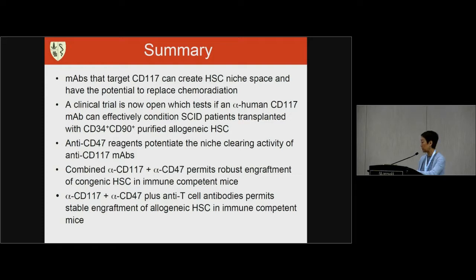The combination of anti-47 potentiates the niche-clearing effect of the anti-CD117 antibodies. Combined anti-CD117 plus anti-CD47 allows robust engraftment of congenic stem cells in immune-competent mice. And anti-CD117 and anti-CD47 plus anti-T cell antibodies permit stable engraftment of allogeneic stem cells in immune-competent mice.